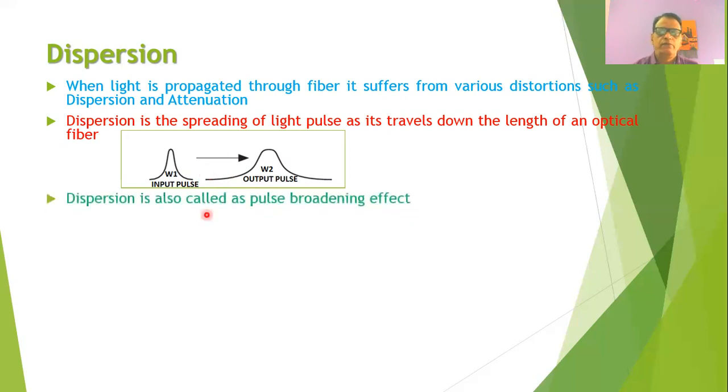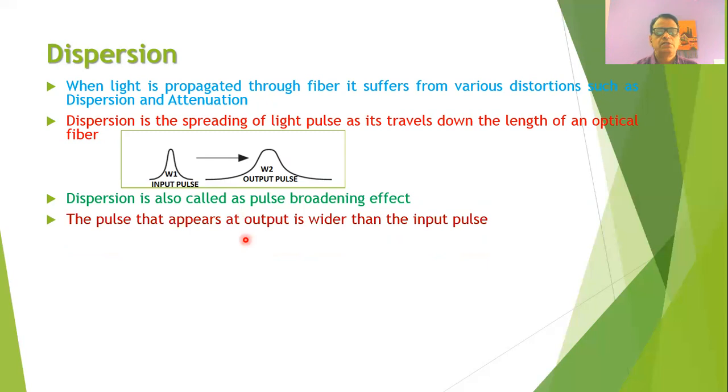This effect is called dispersion. The dispersion effect is also called the pulse broadening effect, because the original pulse width is being extended. The pulse that appears at the output is wider than the input pulse.